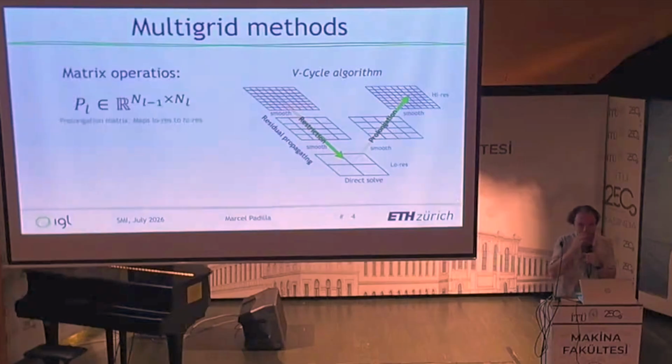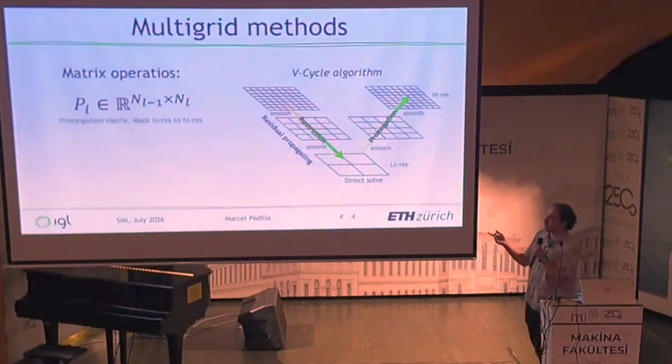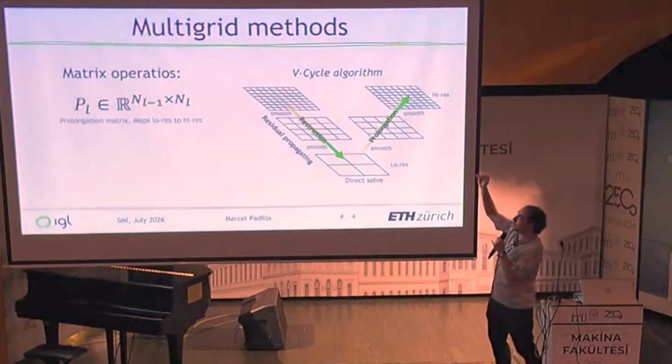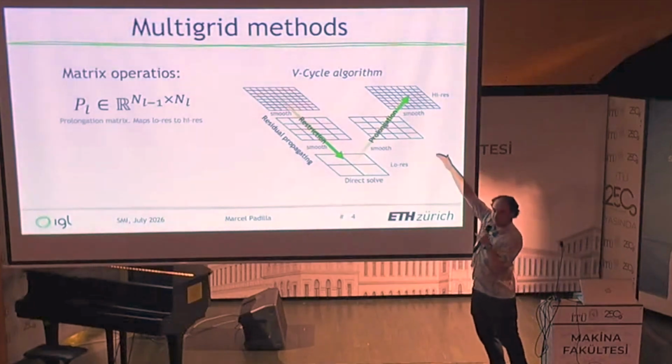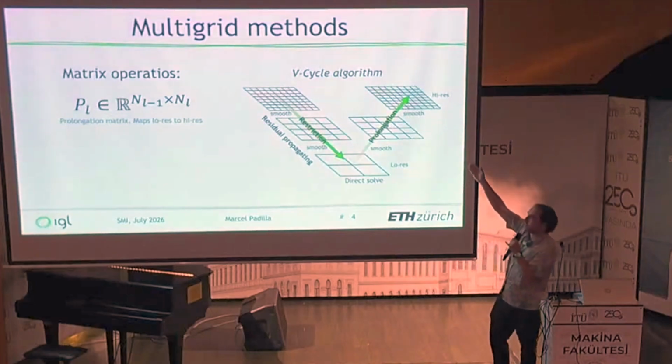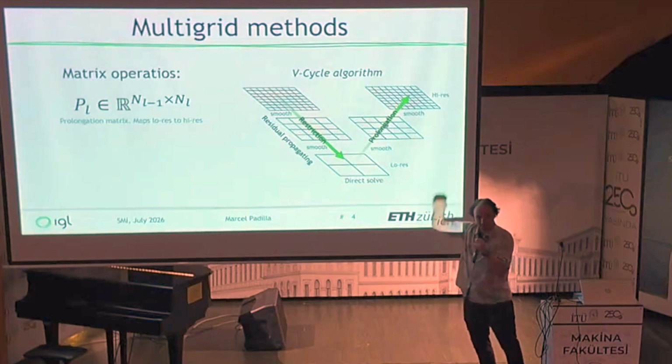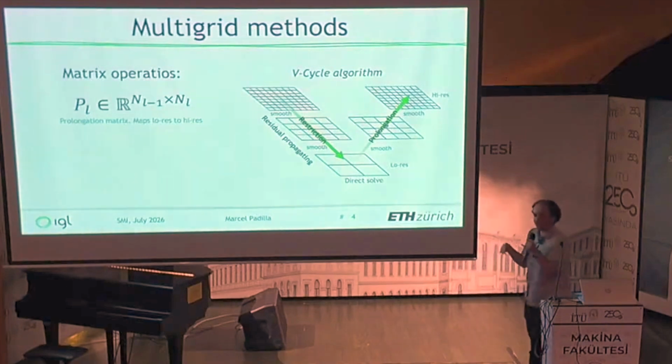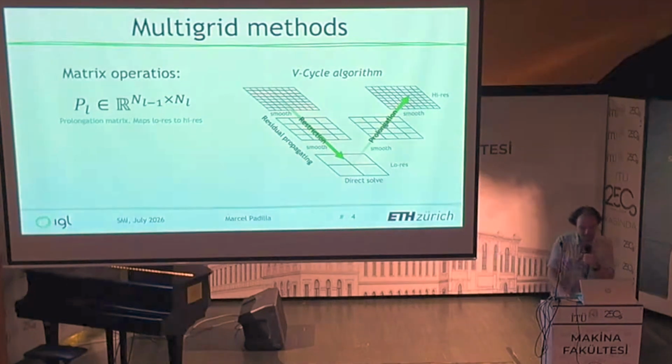And the main ingredient for a multigrid method is the so-called prolongation matrix. The prolongation matrix tells you how to map the values of one level to the next level. And the transpose of the prolongation matrix tells you how to map the higher level to the lower level again. So it's basically interpolation and extrapolation.